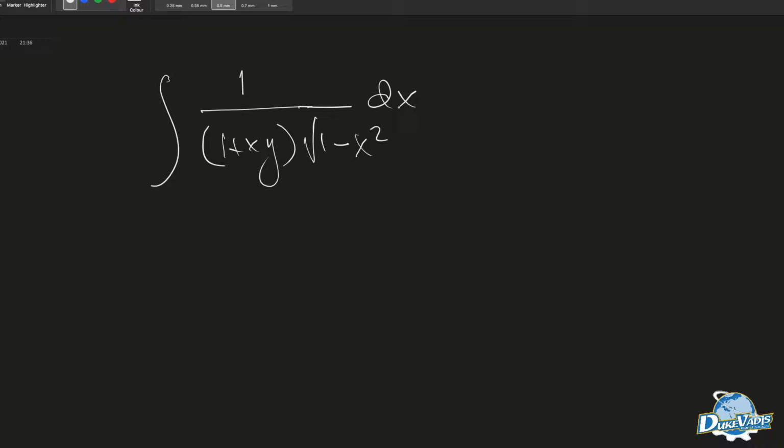First and foremost, the xy is the issue. So what we can do is to use some kind of substitution to solve this. If we say we want to use maybe sine or anything like that, I think that would do. So in the first place, let our x equal the sine of angle theta.